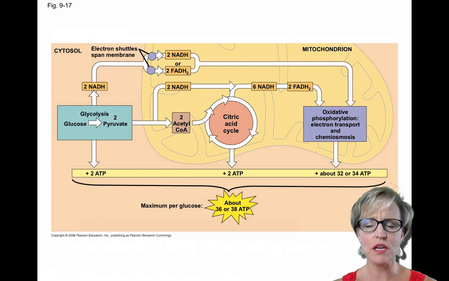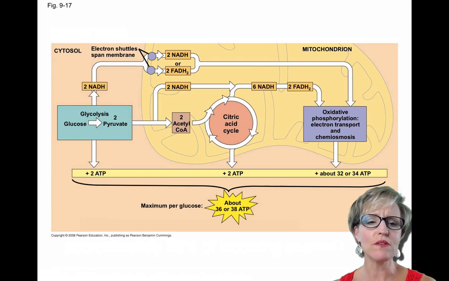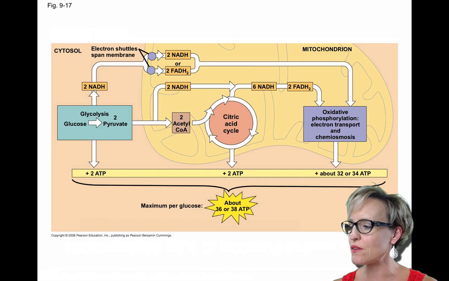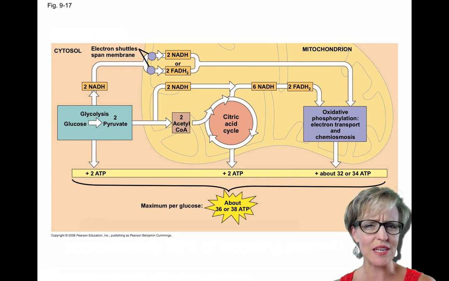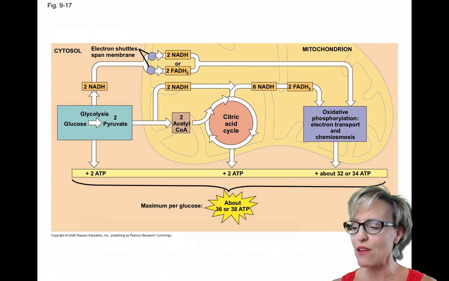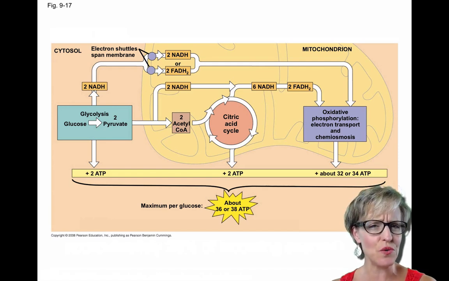This is a picture from last year's edition, and notice that glycolysis reaps 2 ATP, the citric acid cycle reaps 2 ATP, but notice in your book it says that oxidative phosphorylation gleans 26 to 28 ATP, and altogether the process harvests 30 to 32 ATP. I believe that is a misprint.